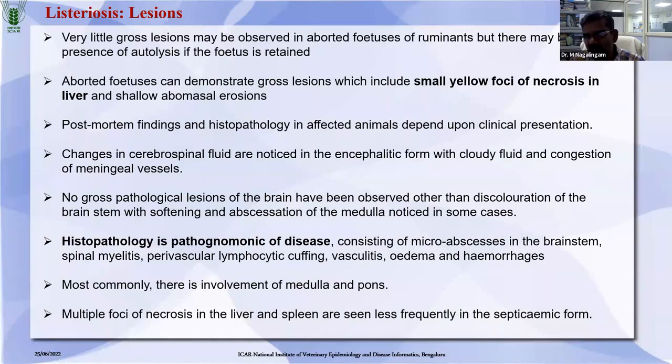So this is the very important confirming sign for Listeria. In addition, perivascular lymphocytic cuffing, vasculitis, edema, and hemorrhages. Most commonly, involvement of the medulla and pons will be there. And in the septicemic form, necrosis in the liver and spleen might be seen, but not very frequently.